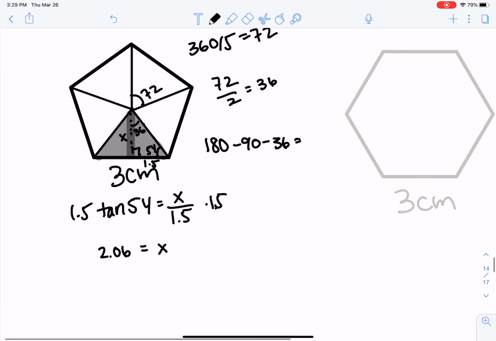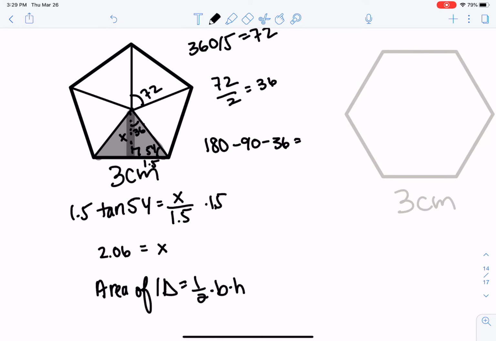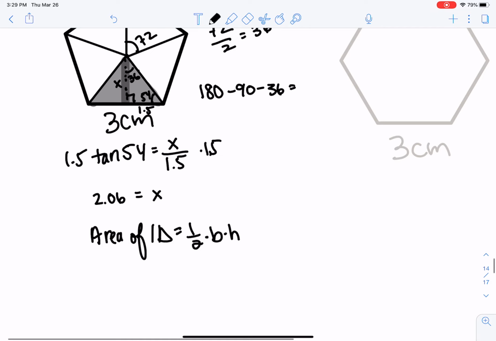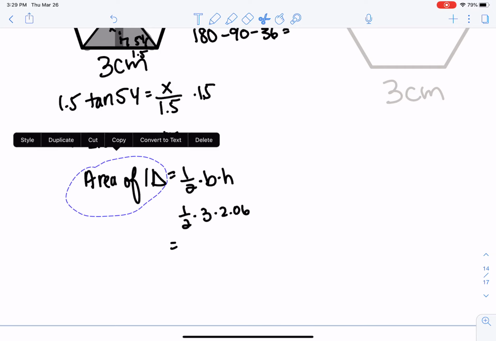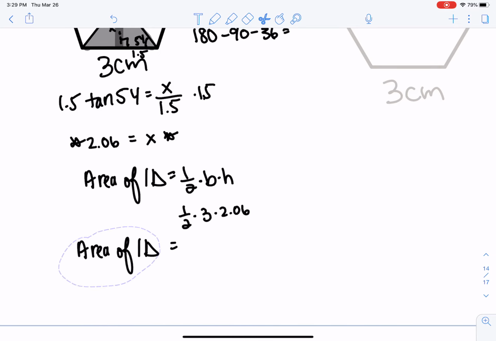And that would be 1/2 times base times height. The base is the whole 3 centimeters, and the height is 2.06 right here. So the area of that one triangle is, type that all in my calculator, and I'll get 3.10.